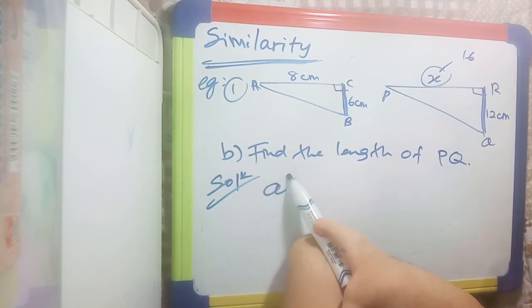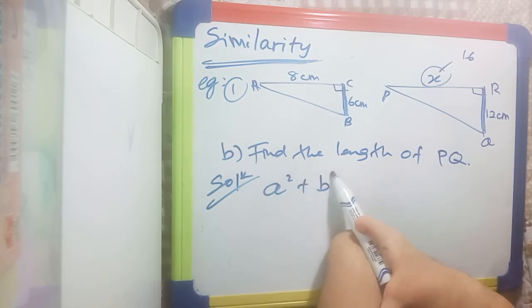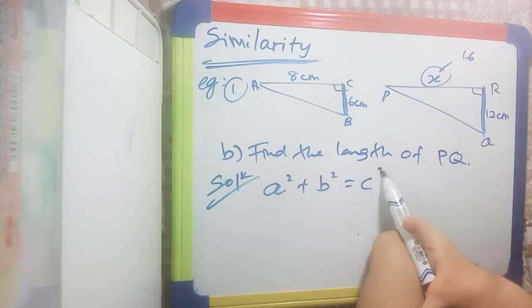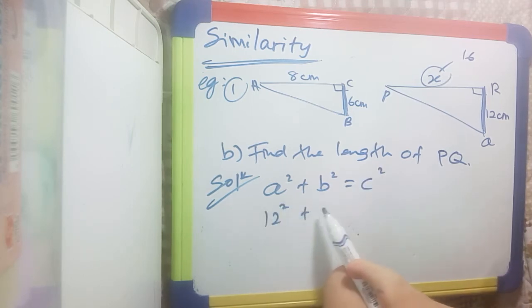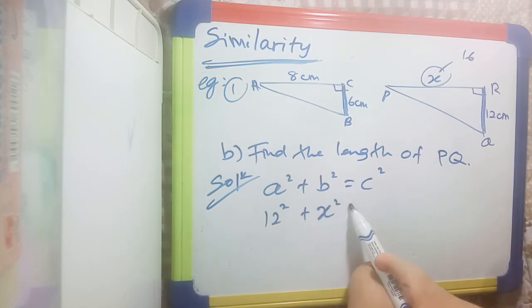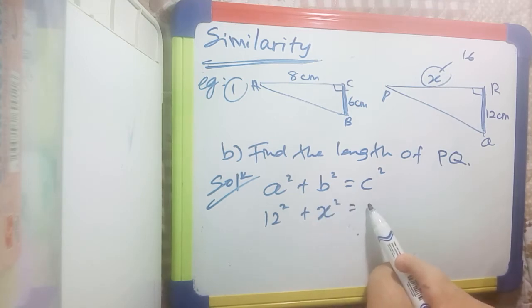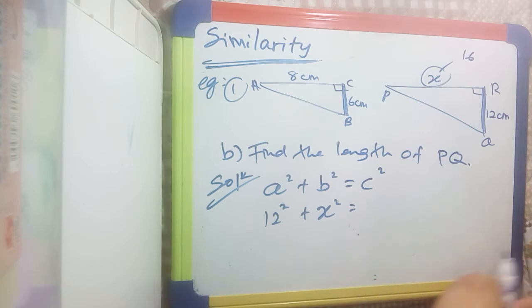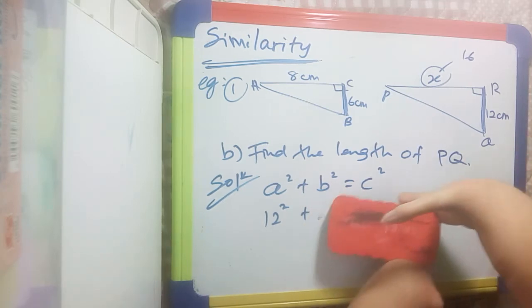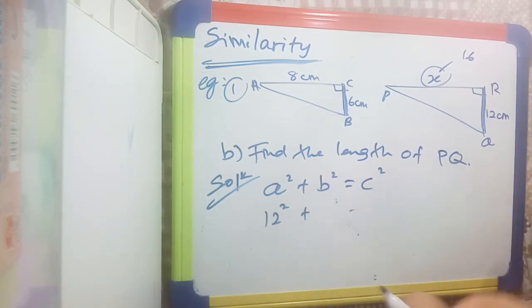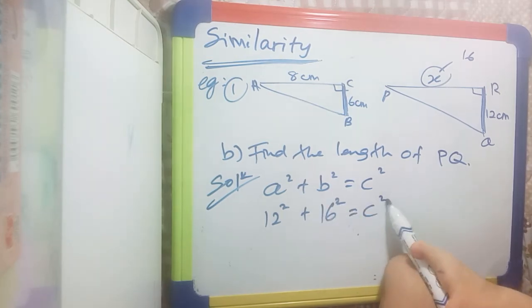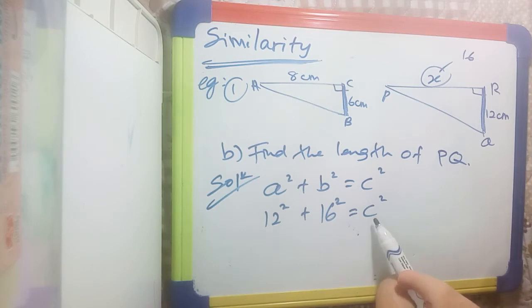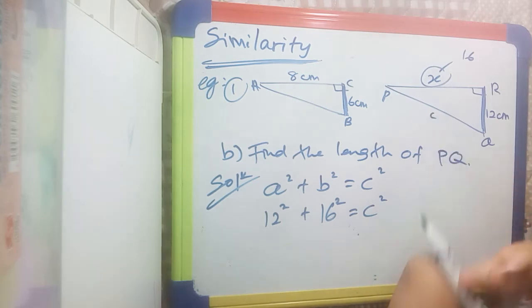What's the formula of Pythagoras theorem? a square plus b square is equal to c square. So 12 square plus x square, which we found already is 16, so 12 square plus 16 square is equal to c square. What does this c mean? C is right over here.